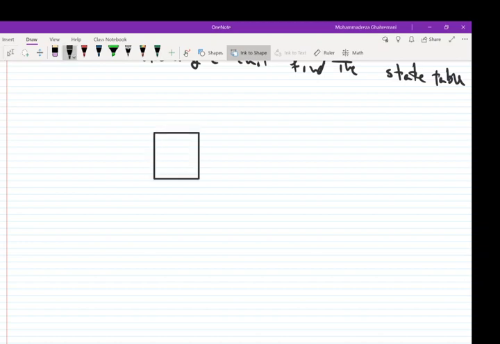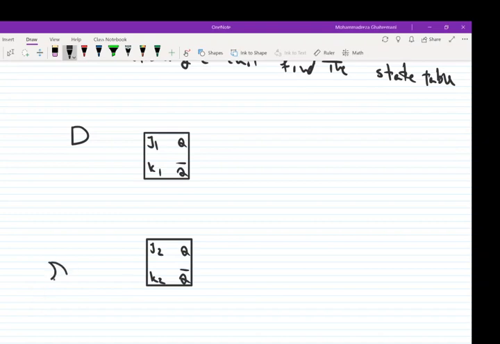For this circuit, we have two flip-flops, and we use two JK flip-flops, J1, K1, J2, K2, Q, Q bar, Q, Q bar, and for the inputs we have an AND gate here, and we have an OR gate here.